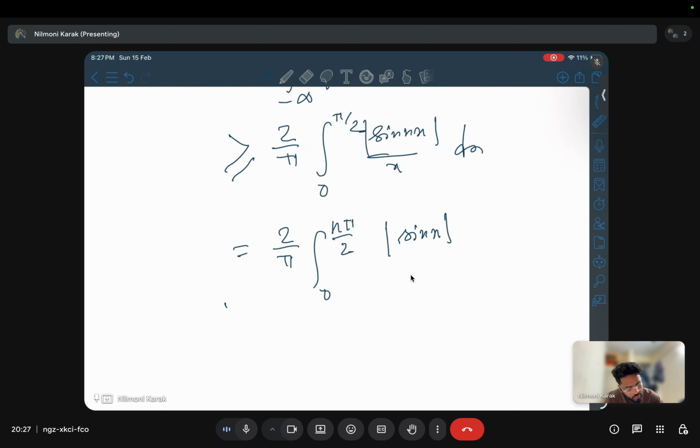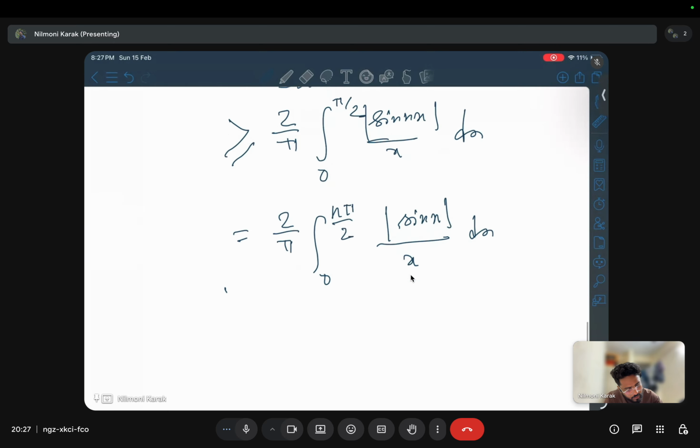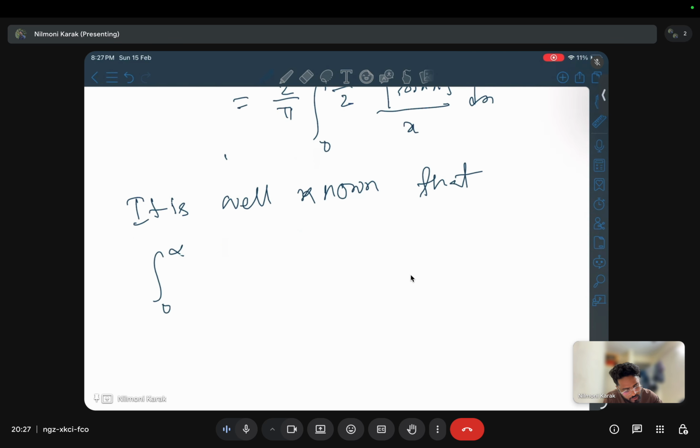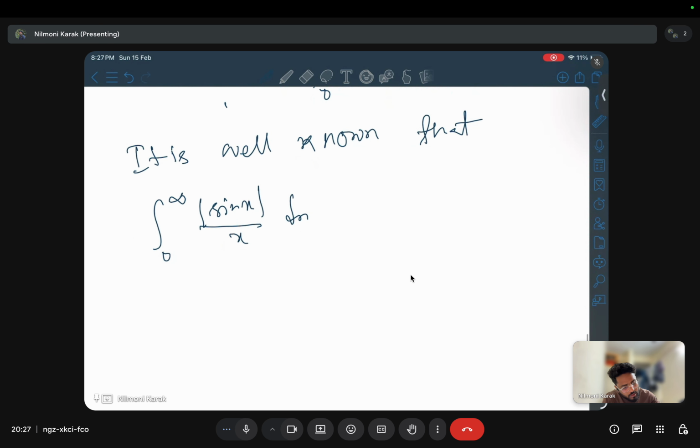So this is just a change of variable. And it is well known that the integral from 0 to infinity of mod sin x by x dx is greater than or equal to the sum for k equals 0 to n of the integral from k pi to (k plus 1) pi of mod sin x by x dx.